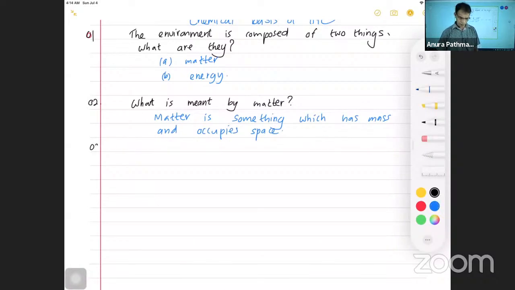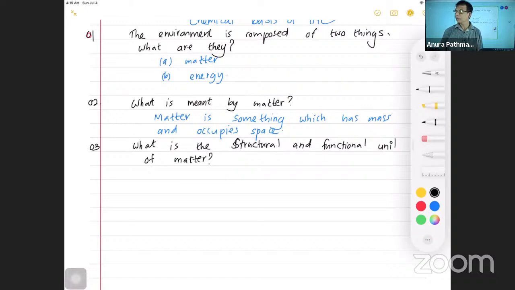So the next question: what is the structural and functional unit of matter?